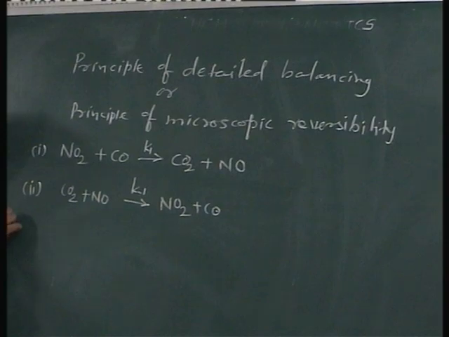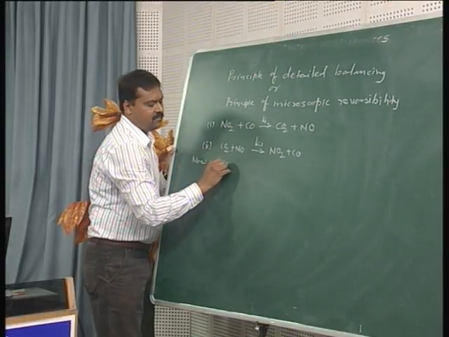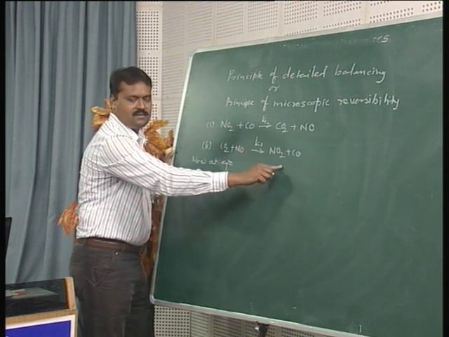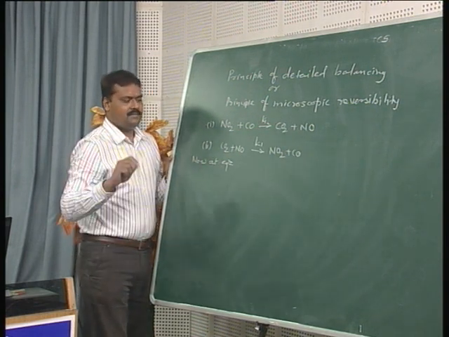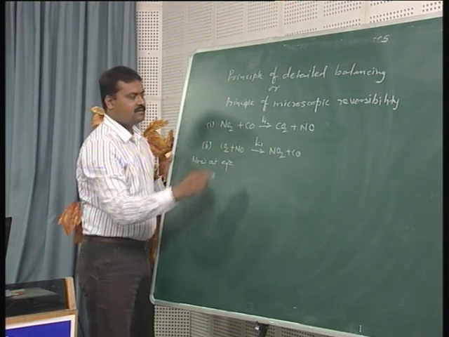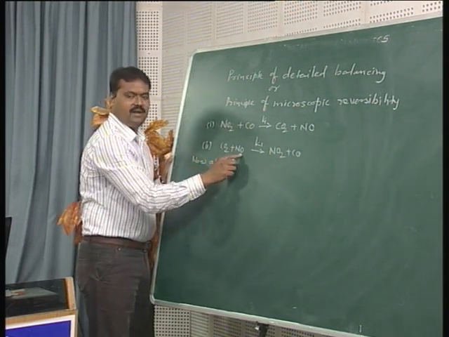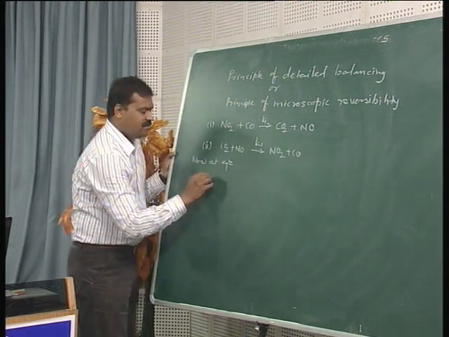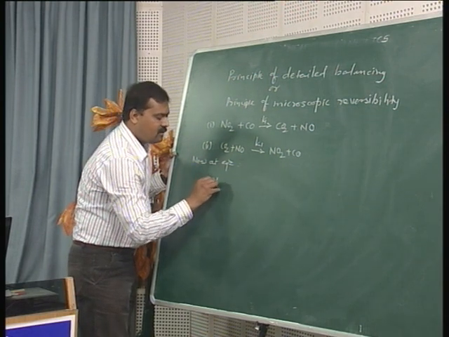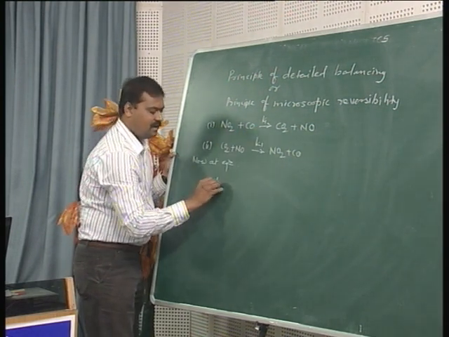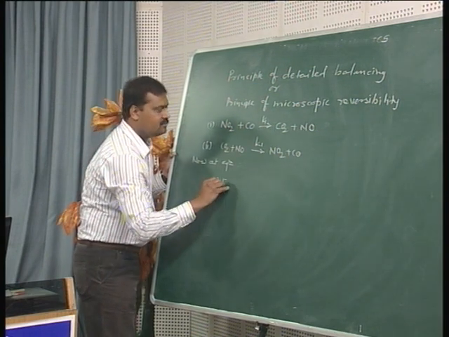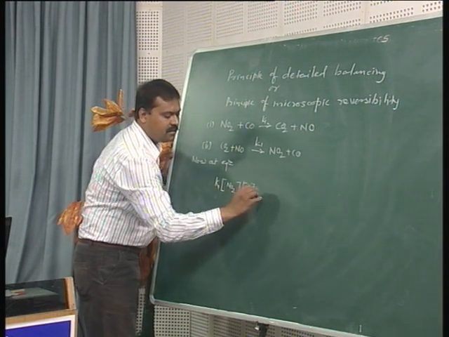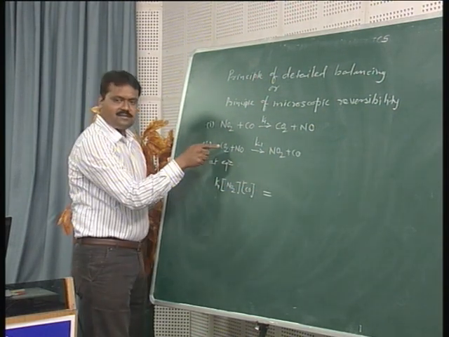Now at equilibrium, what will happen? The rate of forward reaction becomes exactly equal to the rate of its reverse reaction. That means when the reaction reaches equilibrium, the NO2, CO, CO2 and NO molecules are in equilibrium with one another, and therefore we can write the rate of forward reaction, that is R equals K1 into the concentration of NO2 and CO, becomes equal to the rate of its reverse reaction.